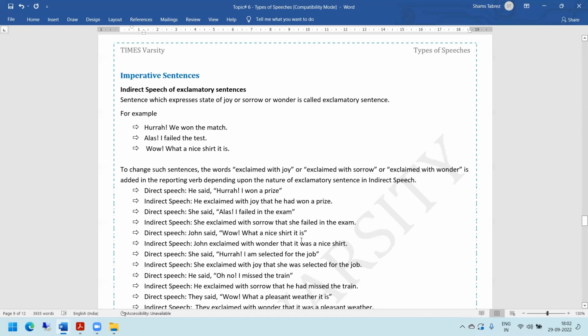Wow, what a nice shirt it is. John said, wow, what a nice shirt it is. John exclaimed with wonder that it was a nice shirt. Okay. She said, hooray, I am selected for the job. Indirect speech, she exclaimed with joy that she was selected for the job. So all these rules are applicable. Okay.